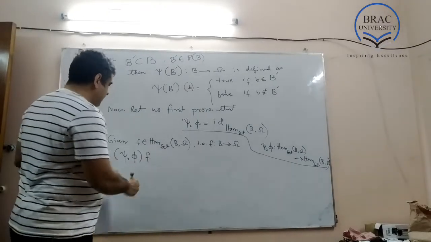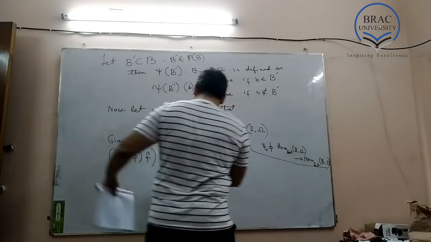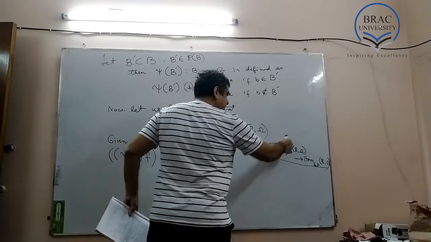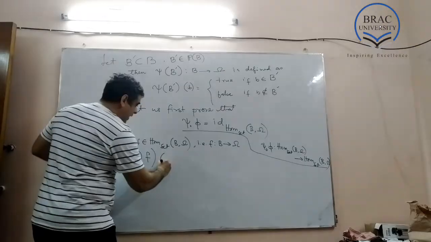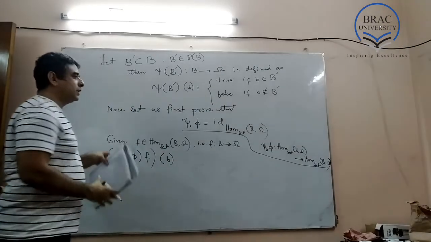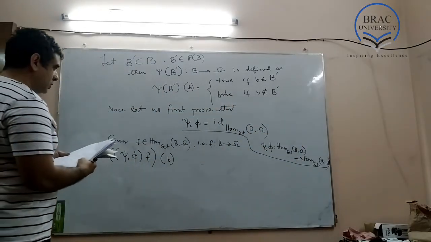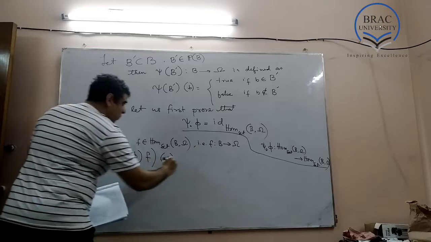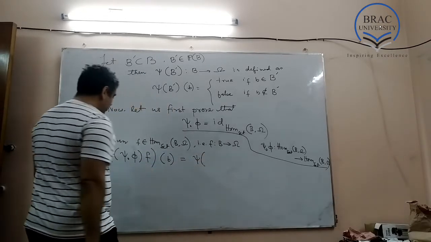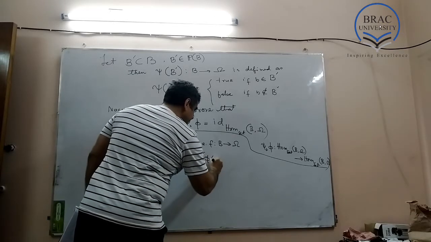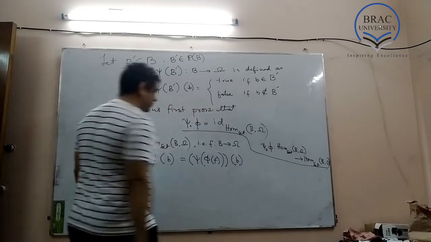Okay, so since the whole thing is in this Hom set, therefore this is a function from B to omega, therefore it will act on an element b of this B in the following way, right? By the concept of composition, we see that this is precisely this thing.